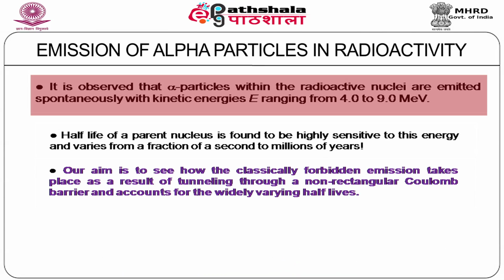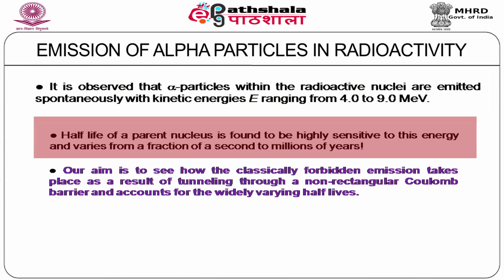It is observed that the alpha particles within the radioactive nuclei are emitted spontaneously with kinetic energy ranging from 4 to 9 MeV, that's million electron volts. And the half-life of the parent nucleus is found to be highly sensitive to this energy and varies from a fraction of a second to millions of years.